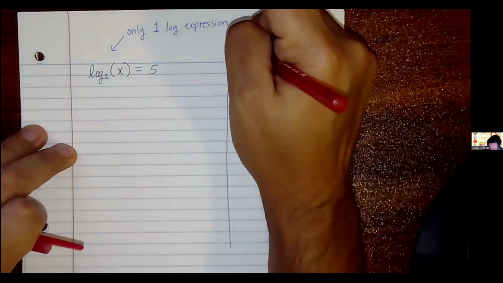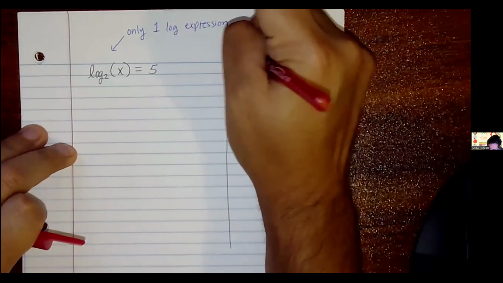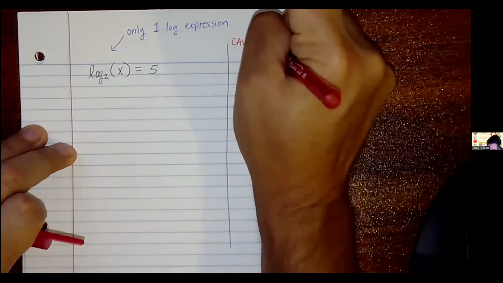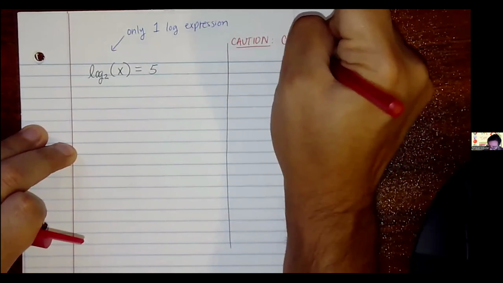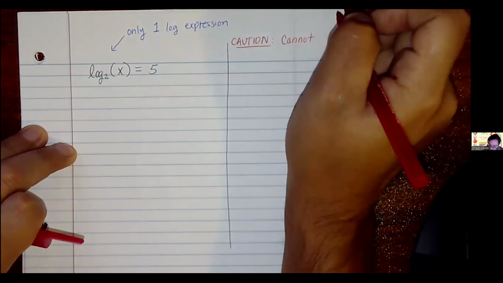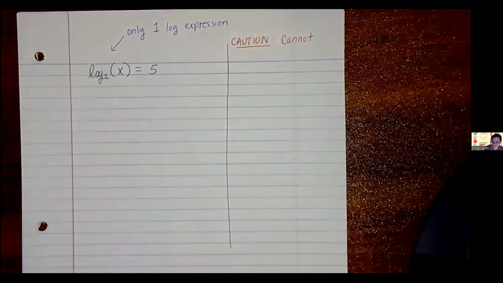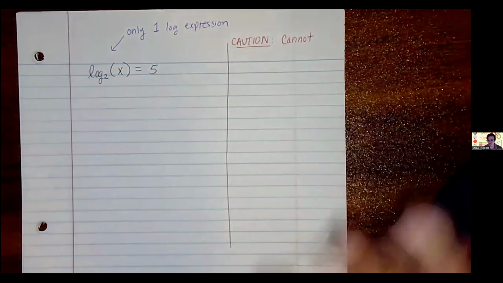So if you go into this thinking, oh, I'm just going to do exactly the same thing I did last time, I'm going to drop the logs, you cannot do that here. So I'm going to put here caution. And is that because the rule is you have to have two? To apply the one-to-one property, you have to have one-to-one logarithms.